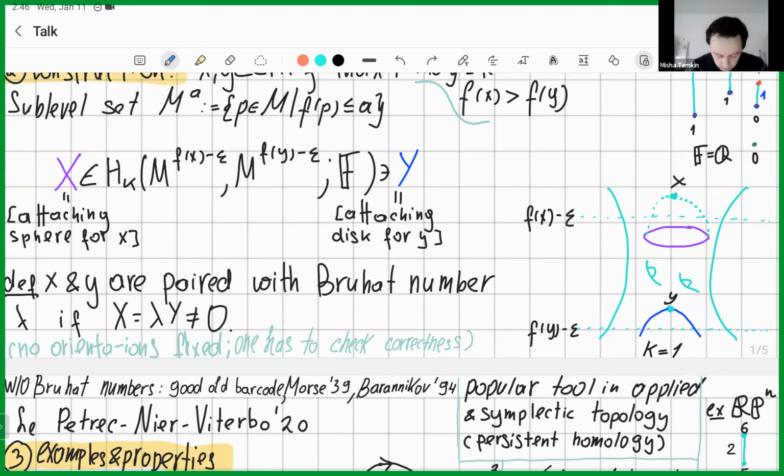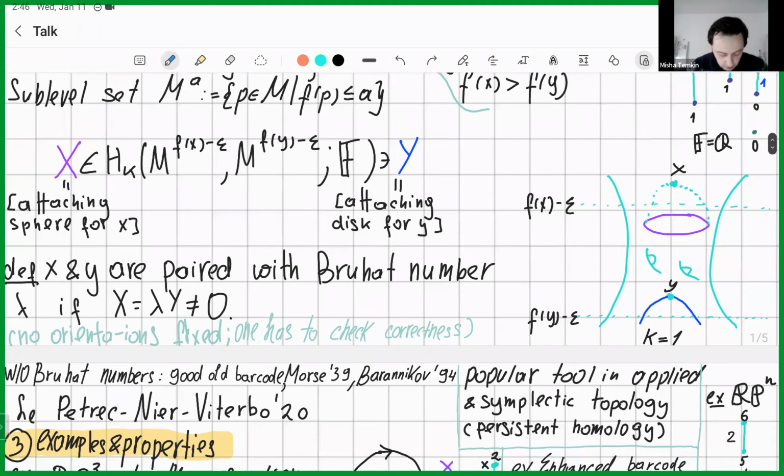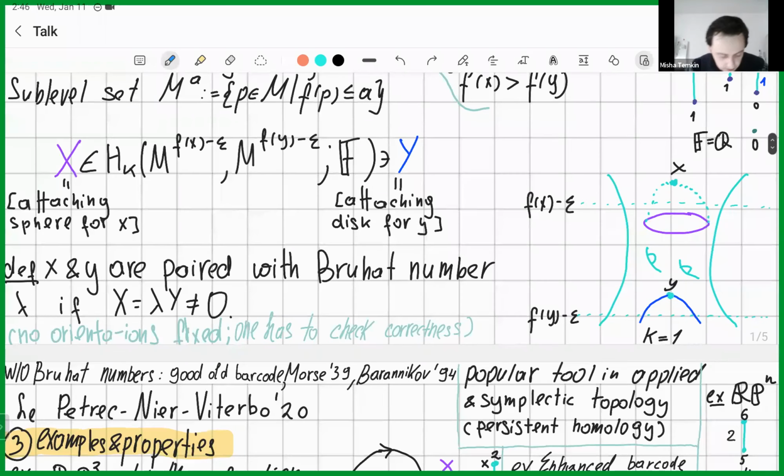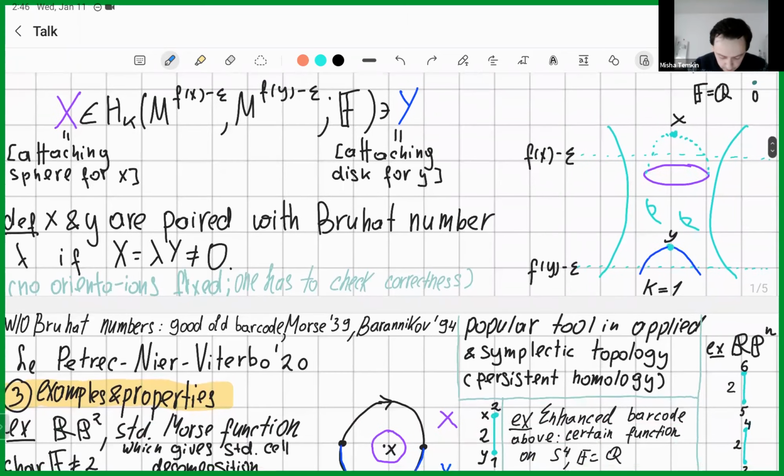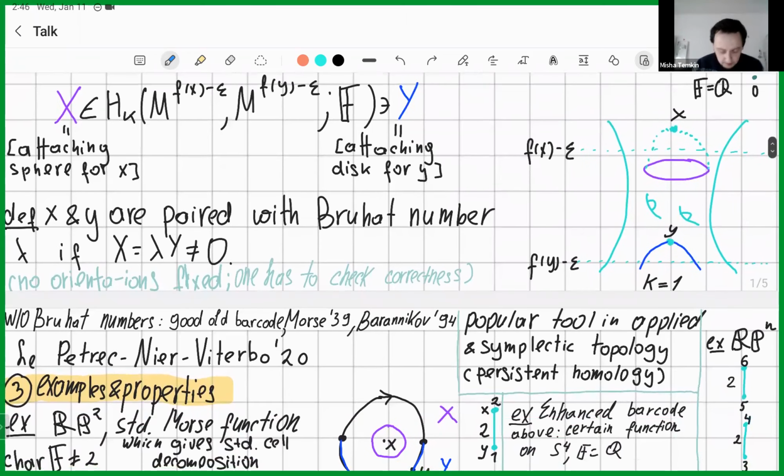Okay, if there are no questions, then I guess I should move on to examples. The point of all this is these numbers. The barcode was defined way earlier, and our addition is the numbers.